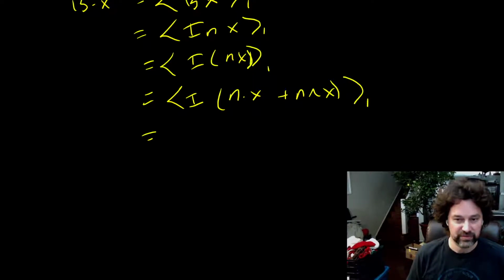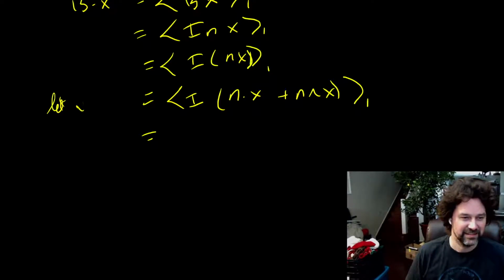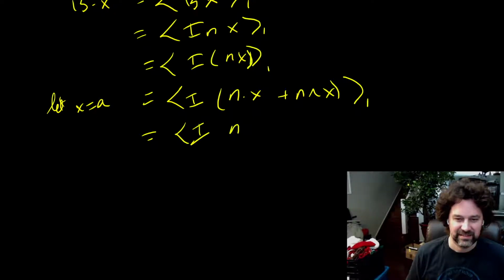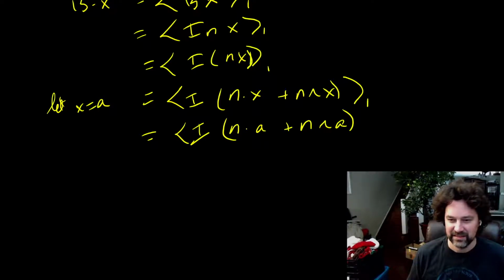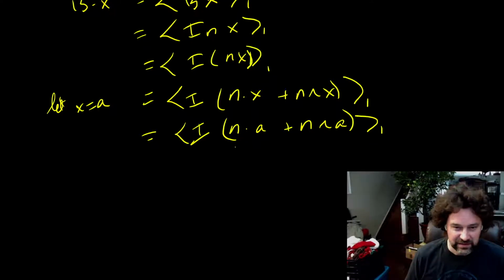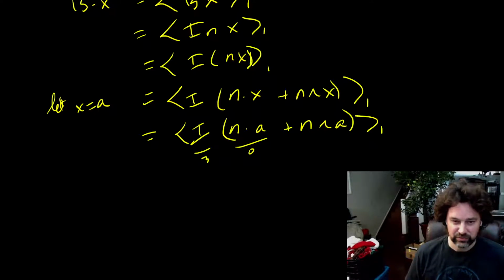And this is where it becomes unfortunate that I picked x as my variable. So let us just say, let x equals a. I times n dot a plus n wedge a. Now n dot a is a scalar, and there we have a trivector. So this multivector product is a trivector, so it has no grade 1 term, so that is 0.